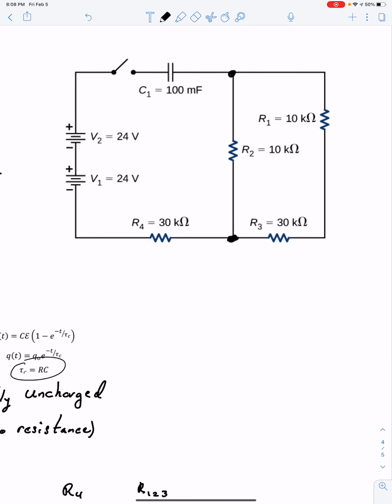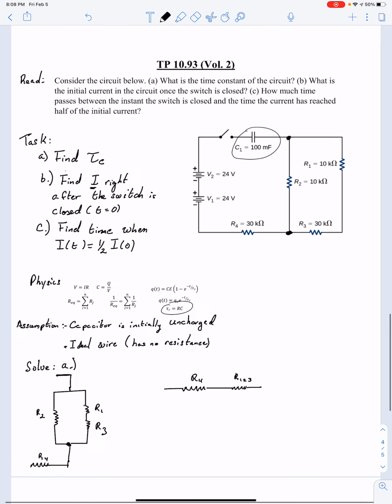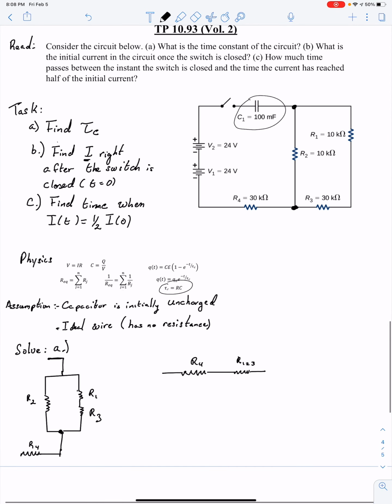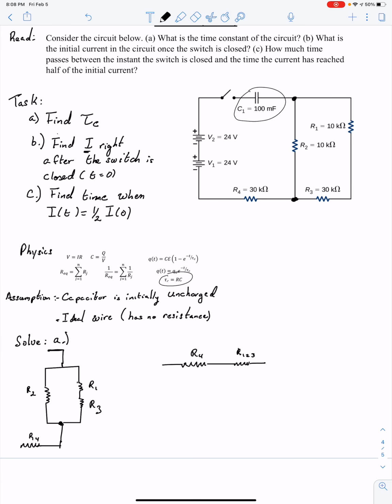The capacitor only has one capacitor, but the resistors are 4 in total. So the way that we handle this is by understanding which resistors are in parallel and which resistors are in series. Let's start off with understanding too that there are junctions here, junction A and junction B.